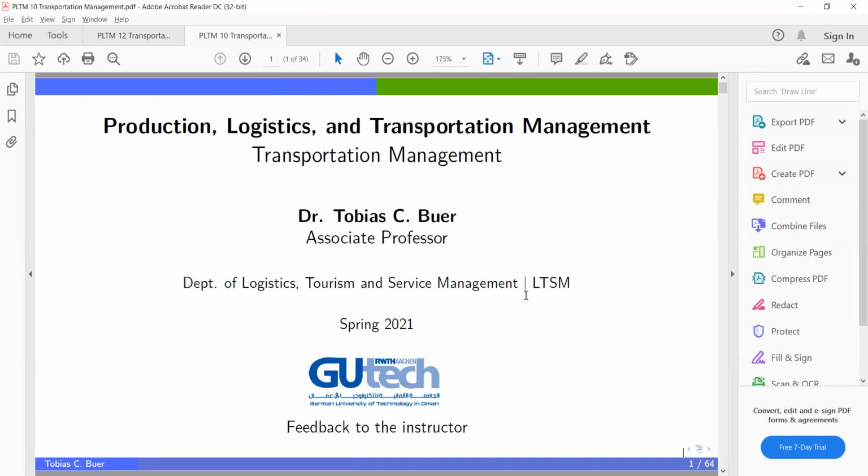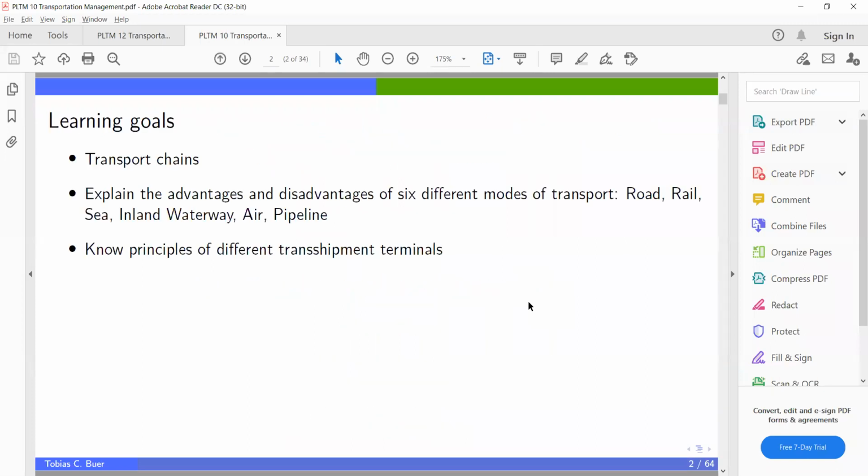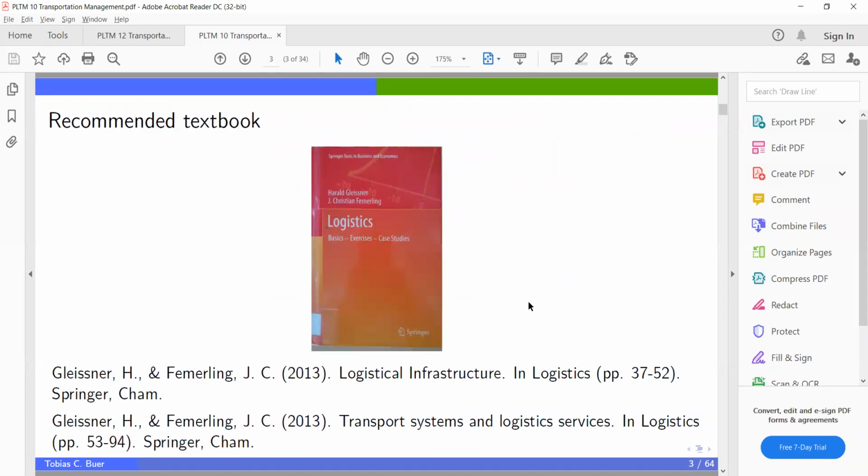Mainly we discuss transportation infrastructure and modes of transportation. This is also a topic that you can learn very well by means of the textbook. So you should read the textbook that is recommended here when you go through these slides.